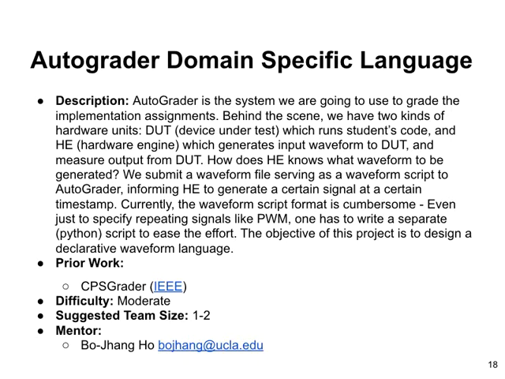Autograder domain specific language. This goes into the system we have running at the back end, where you upload code, that code runs on a device under test, and that device is subjected to some inputs, and then it also monitors the outputs. The instructor or homework designer specifies what those inputs to the device should be, and then defines an expectation on what the output should be.